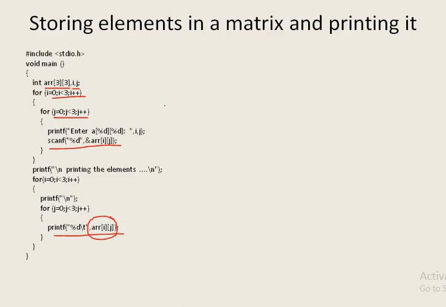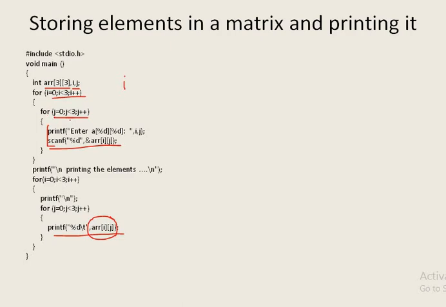So if you want to know the working of this program, you can check it like this. Initially i value is set as 0, and whenever it satisfies the i less than 3 condition, it enters into the inner for loop. Now j value is initialized with 0, and if it satisfies the condition j less than 3, then it enters into the statements printf and scanf.